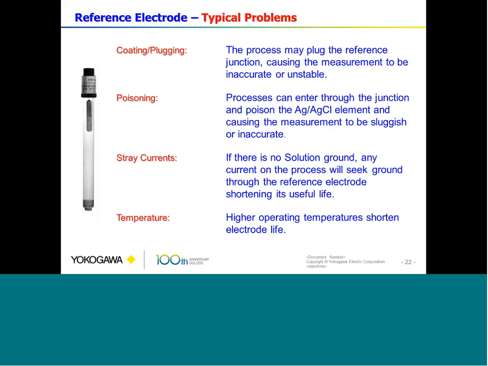But even looking at all of these options to correct some of these difficulties that we've discussed, they may not be sufficient. And in that case, we do have another option, which we call the differential pH sensor.